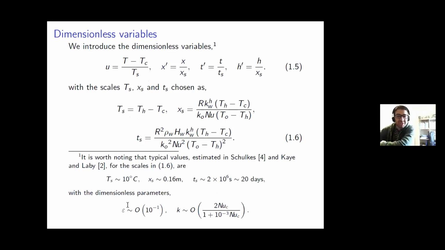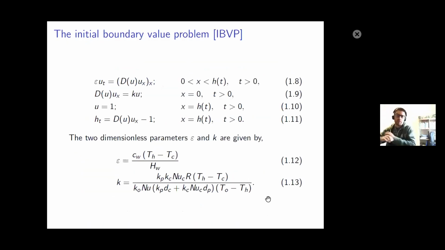I gave them slightly too early, but they're given here. So epsilon you can consider roughly as order 10 to the minus 1, and K depends on the Nusselt number of the coolant, but you can estimate it to be, roughly speaking, this. So there are estimates for these that have arisen from industry, and in particular applications, they can be calculated.